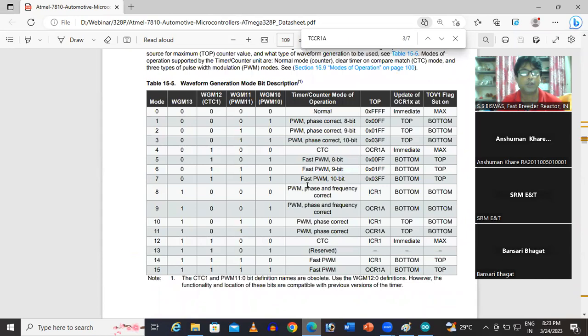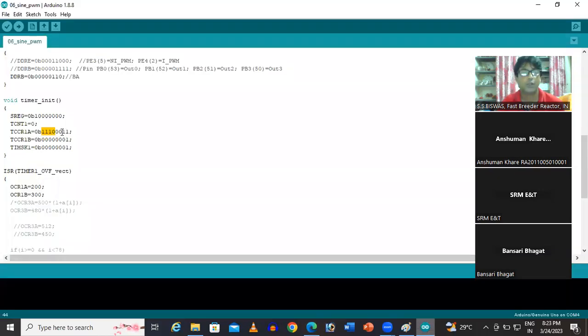In waveform generation mode, we are selecting mode 3, that is phase correct with 10-bit resolution. So WGM11 and WGM10 should be 11, and WGM13 and WGM12 should be 00. That's why I have written these bits like this.